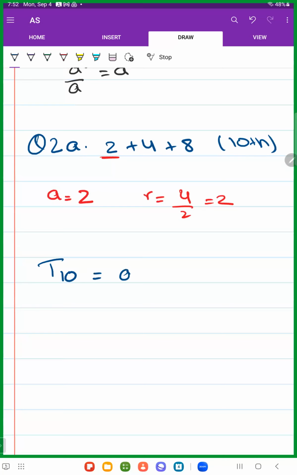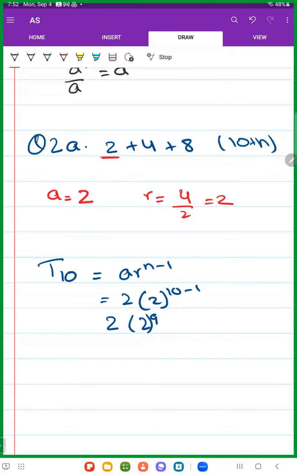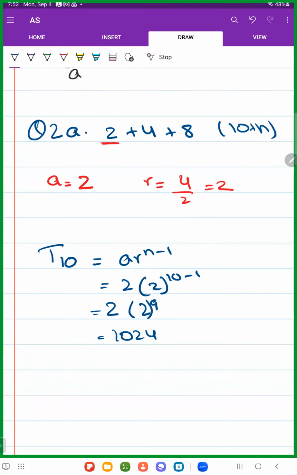It's A R to the power n minus 1, which is 2 into 2 to the power 10 minus 1, so 2 into 2 to the power 9. You'll just solve this, 2 to the power 9 into 2, which will give you 1024. Understand? So for each of the questions, you will have to use this formula and find out.